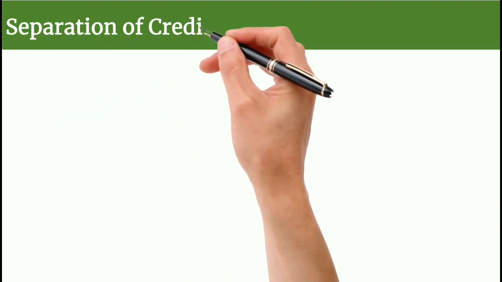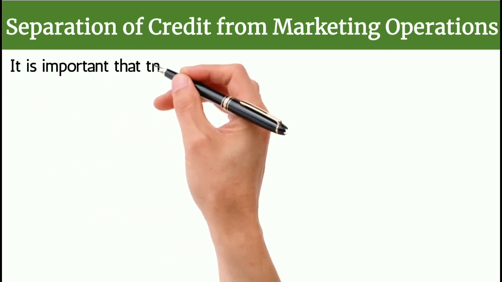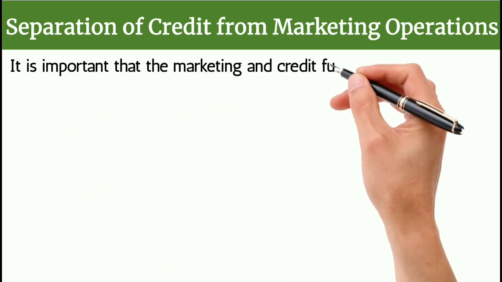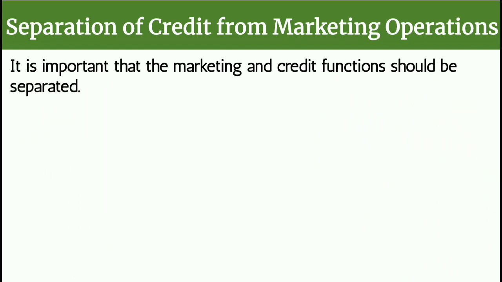Next, separation of credit from marketing operations. Ang ibig sabihin nito, separate yung function ng marketing department at function ng credit department. Ano ba kasi yung function ng marketing department? Ang function ng marketing department is magbenta. The marketing department's overriding concern is to sell.